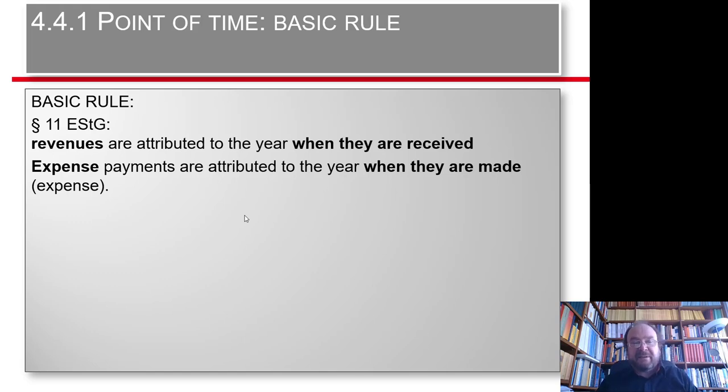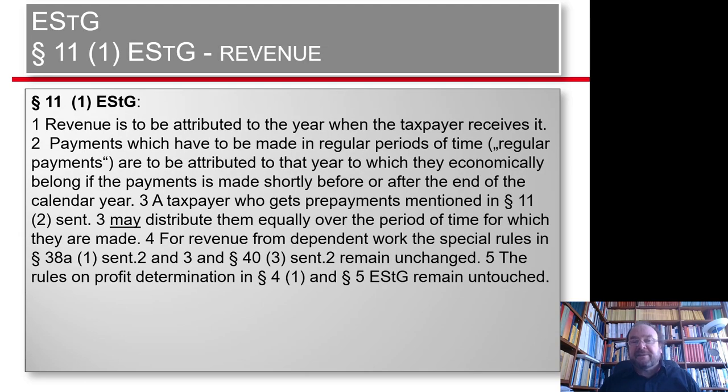11.1 says when are revenues received, or when are revenues to be taxed? And the answer is basic rule in the year when they are received, and expenses are deducted in the year in which they are paid. So you can see that here also in my translation of 11.1 ESTG.